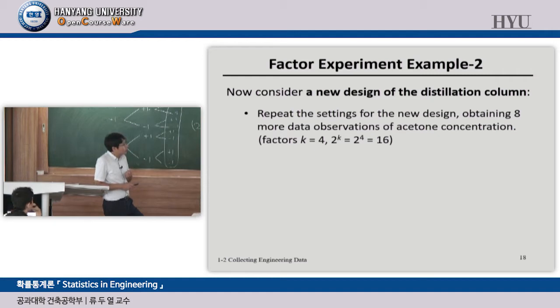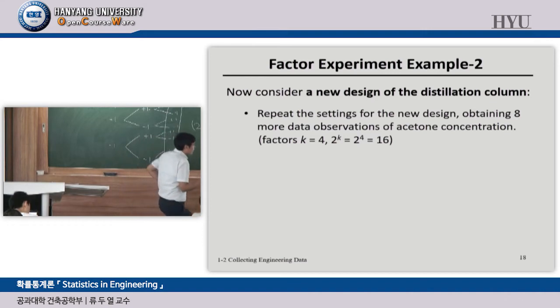Because the newly designed distillation column has the same test setup as the old one, and it also has the same inputs: reboiler temperature, condensate temperature, and the reflux rate. So we can just think of this as a new input to the system. Okay? Because this distillation column has the same system as the old one.